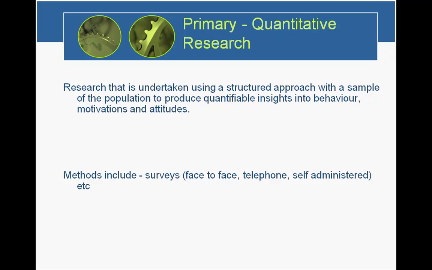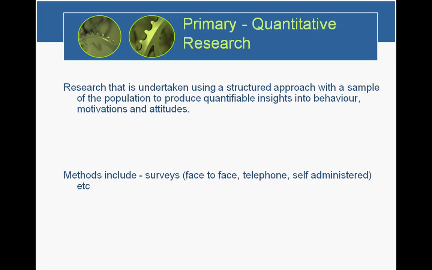It quantifies behaviors and attitudes, so how many people, for example, book online, or go to the travel agent first and then book online, stuff like that. It's more easily replicated and comparable, so if someone's done a similar study, the statistics that you collect are easier to compare with what's been done before than anecdotal data.